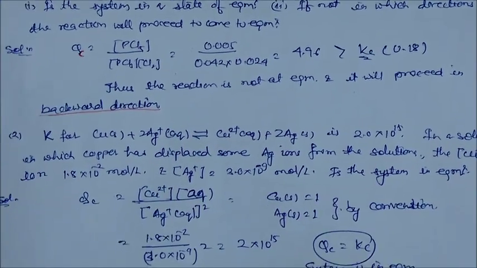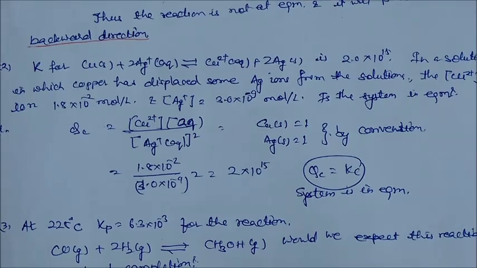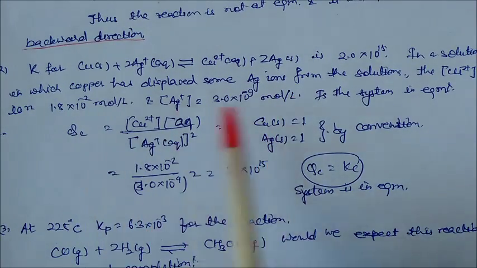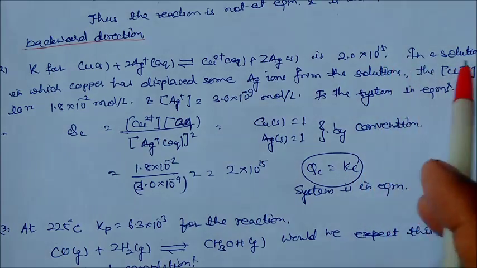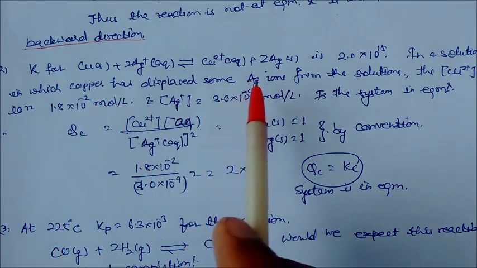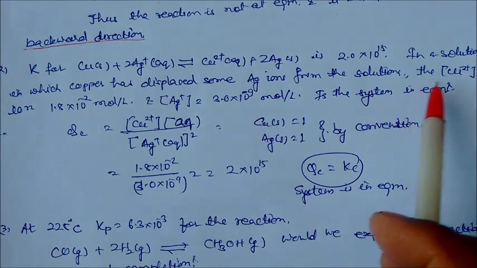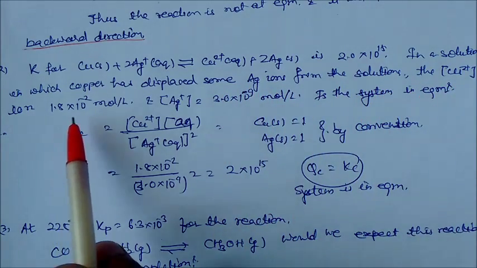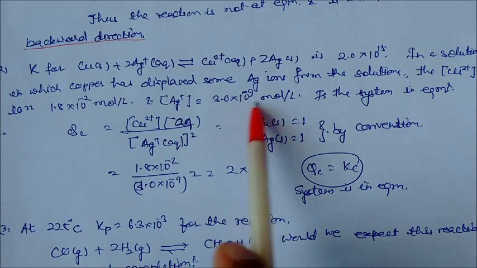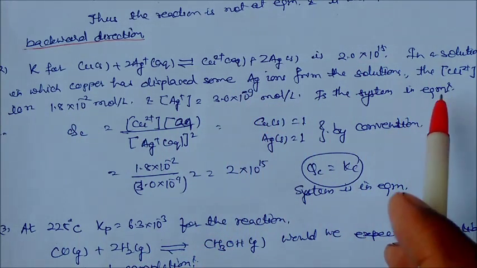Similarly, we have another question. This is the reaction of copper plus silver ions, giving this product, and K is given as 2 into 10 power 15. In a solution in which copper has displaced some of the silver ions, the concentrations of cupric ion and silver ion are given. Is the system in equilibrium?